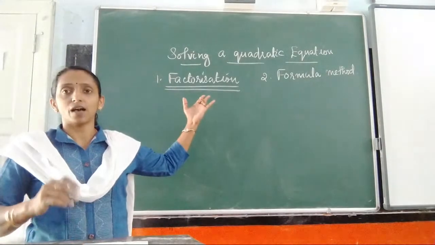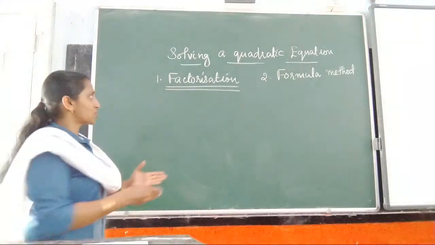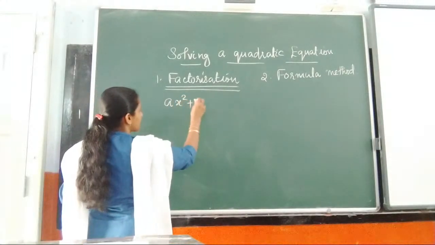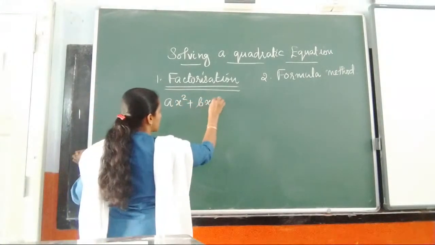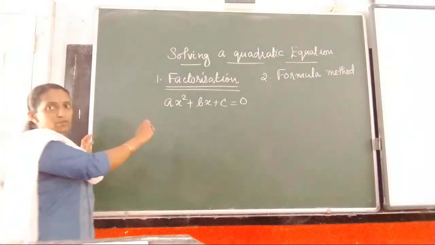That means we have to find two numbers which satisfy the general form of the quadratic equation, ax square plus bx plus c equal to 0. That is the general form of the quadratic equation.